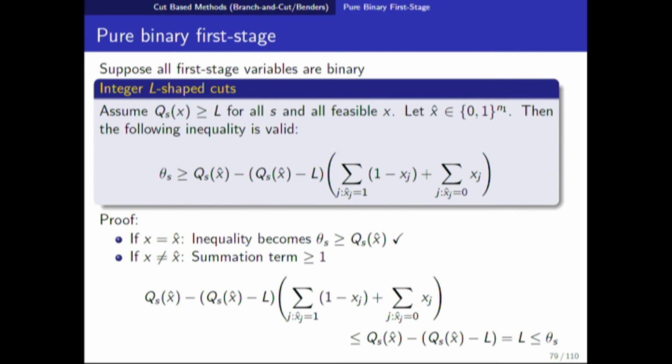So I'll evaluate this right-hand side. When x is not equal to x hat, this term is at least 1. This other term is non-negative, and instead of subtracting off one or more of them, I'll just subtract off one of them, so I make the thing bigger. Then I cancel terms and get L. And I always know theta S is greater or equal to L. So this is a valid inequality.